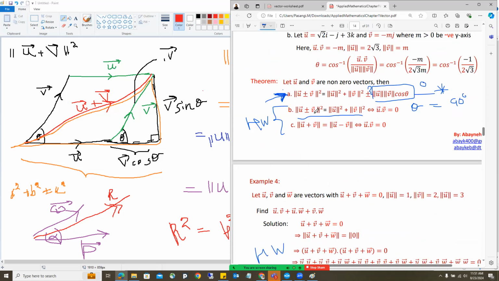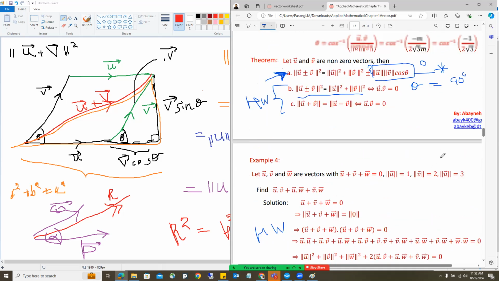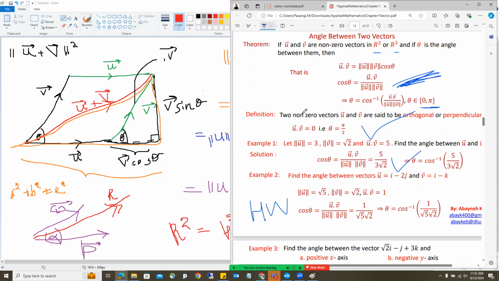So you just do these two again. By looking at the first one, you can do the proof for B and C as well. And then just do example 4. There are remaining examples as well. Now you need to try it out.